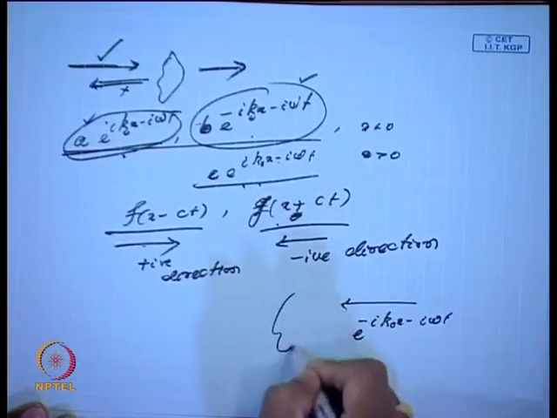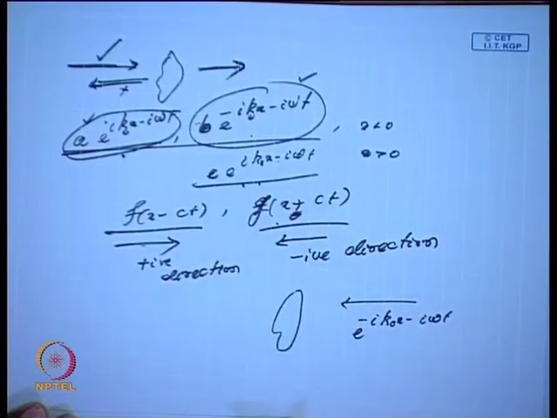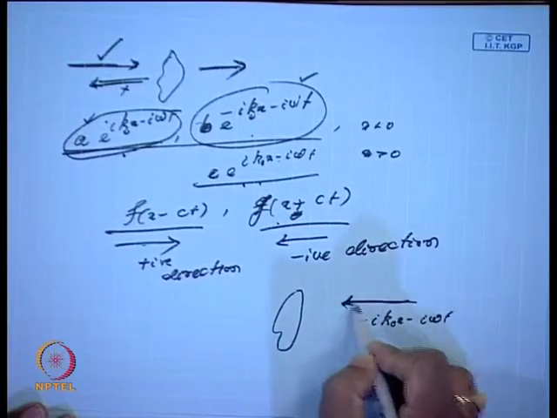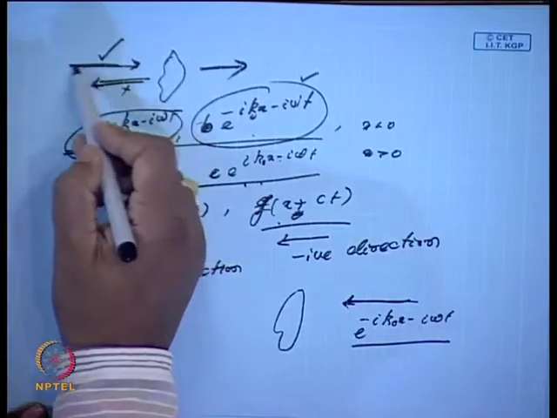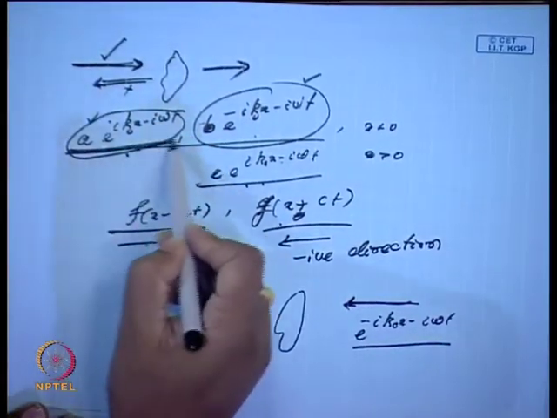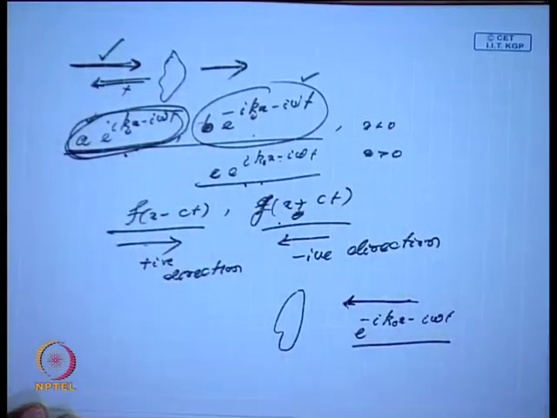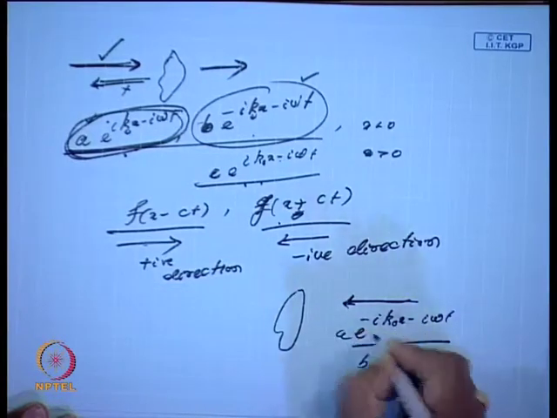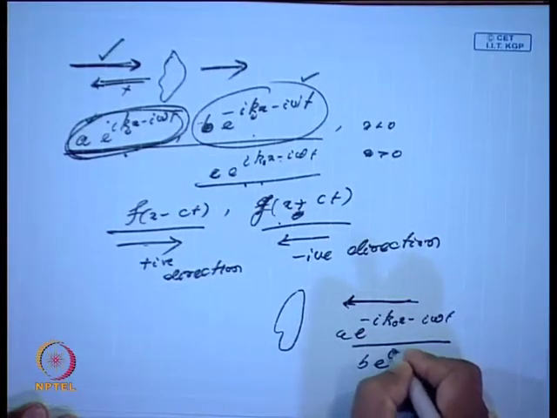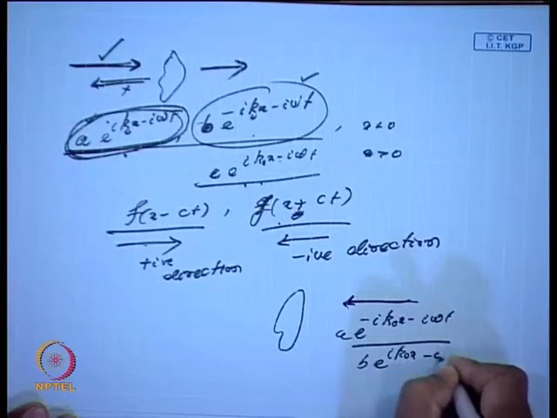If I have a structure like this and my wave is approaching from the right side, then this will be my incoming wave. On the other hand, when the wave was approaching from the left, that became the incoming wave, and here the outgoing wave will be of this type, some b e to the i k naught x minus i omega t.